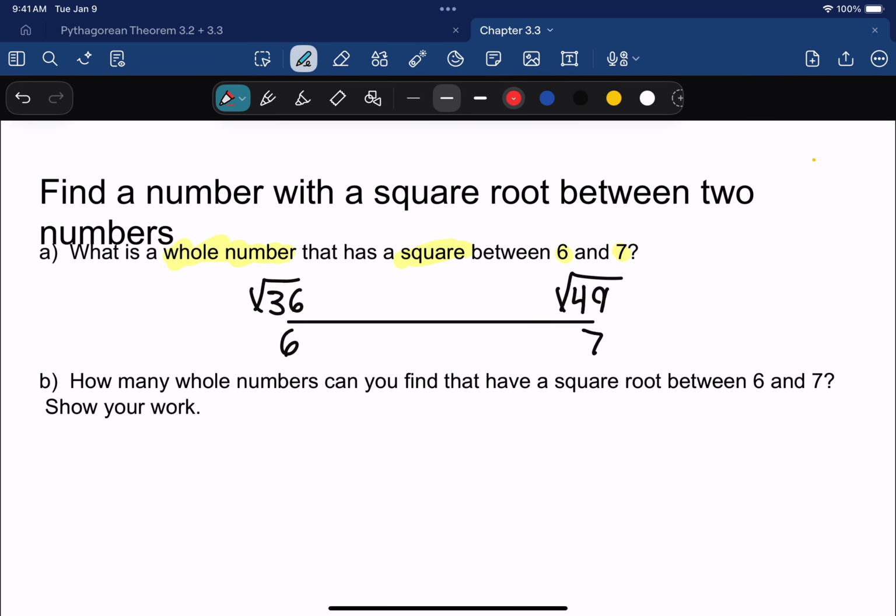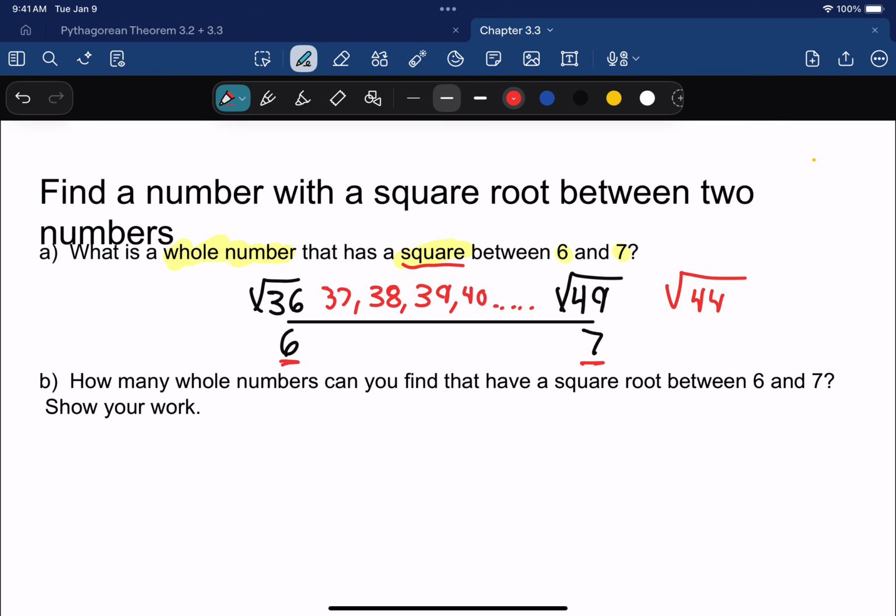Well, we have a lot of options. We have 37, we have 38, we have 39, we have 40, and so on. All those numbers that are whole would all be acceptable answers for this question. So why don't we do 44? Because that's in between. So this would be an acceptable answer because the square root of 44 would fall somewhere between 6 and 7. It would be a decimal, 6 decimal something.